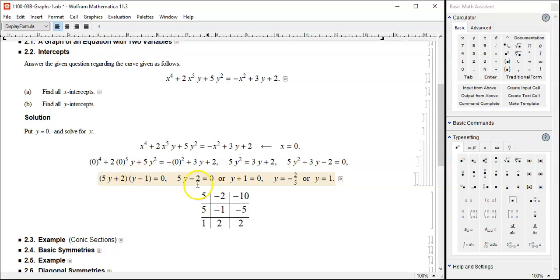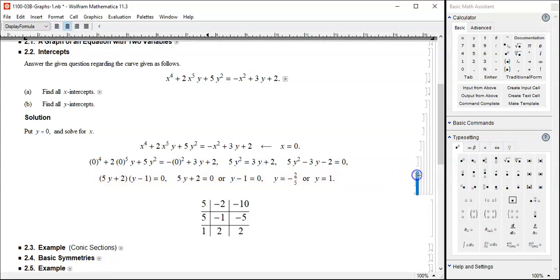Sorry about that. Okay, everything is correct. I mean, this tic-tac-toe is correct. What I had over there early on is wrong, but now corrected. This cross, 5, positive 2, and the other cross, 1, negative 1. So we get this. And setting this one equal to 0, I'm going to get negative 2/5. Setting this one equal to 0, I'm going to get y equals 1.